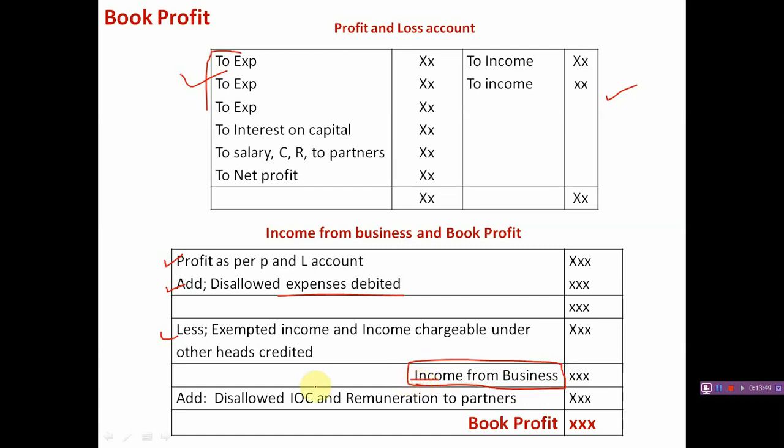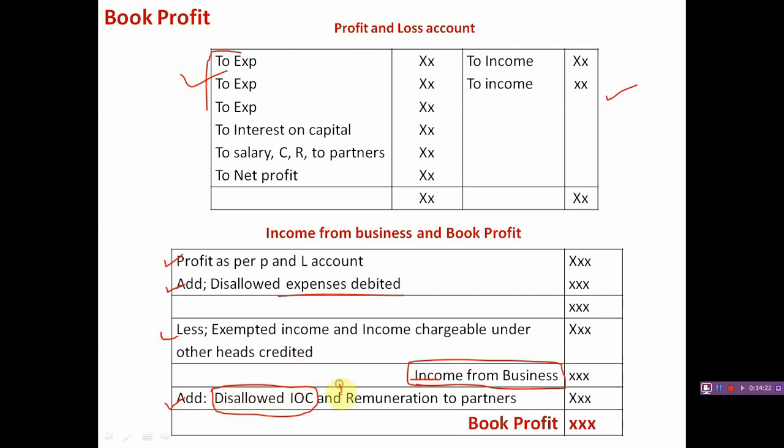So here the change is we should add two items in case of a partnership firm. One is disallowed interest on capital which is debited to profit and loss account. Here disallowed interest on capital means up to 12% per annum is allowed as an expense. It means the excess over 12% of interest on capital is disallowed.